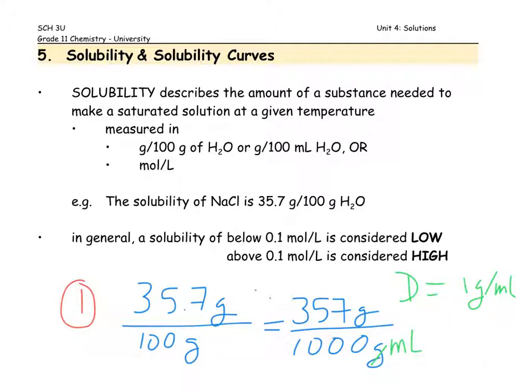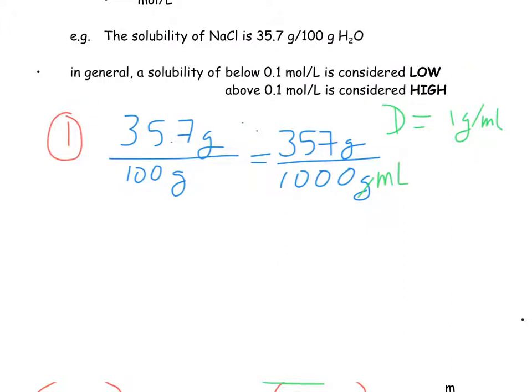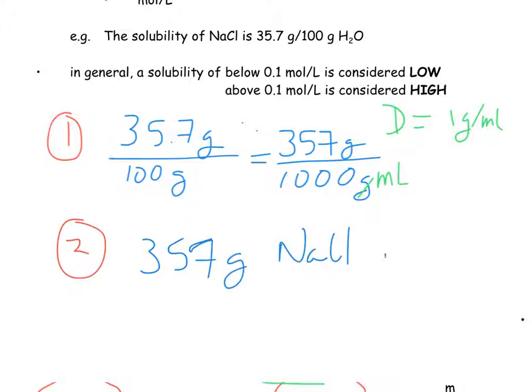Now, the second thing that I would say is that now I know that there is 357 grams of sodium chloride per 1,000 milliliters, which is per liter, right? So if I know what my mass is per liter, I can certainly figure out what my number of moles are per liter.